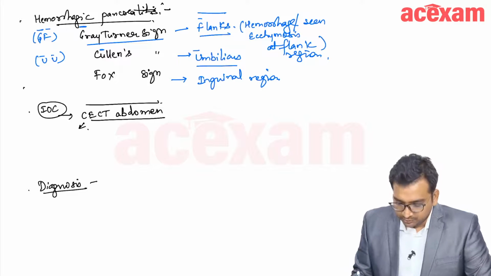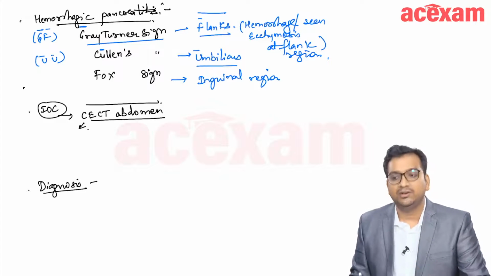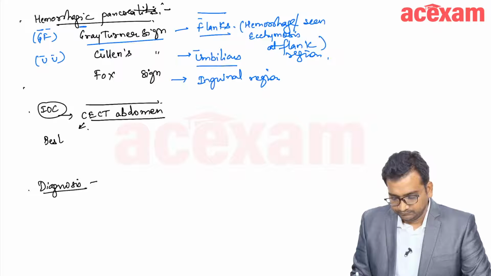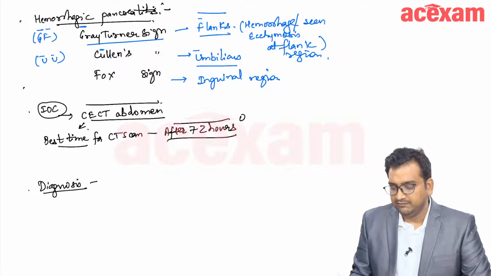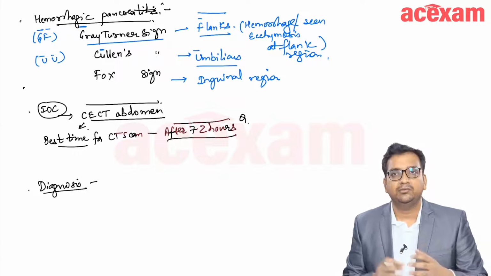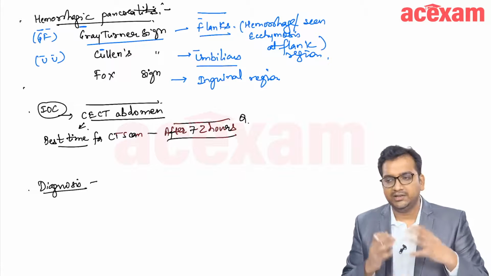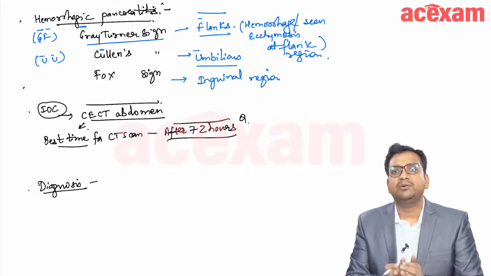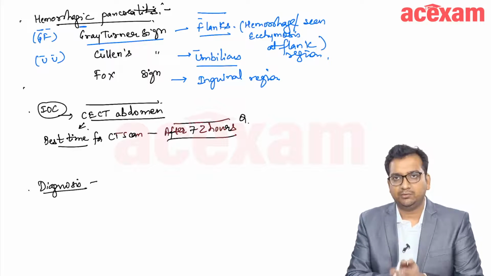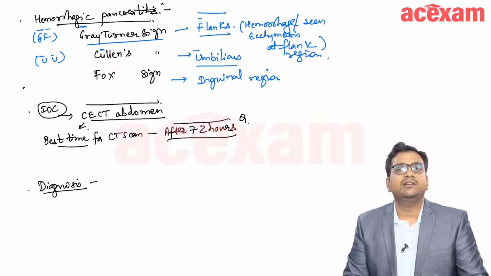Okay, what is the best time to go for a CT scan? Best time for CT scan is after 72 hours, because the inflammation will take time to show whether it is increasing or decreasing. For a particular type of inflammation to set up, it takes generally 72 hours.